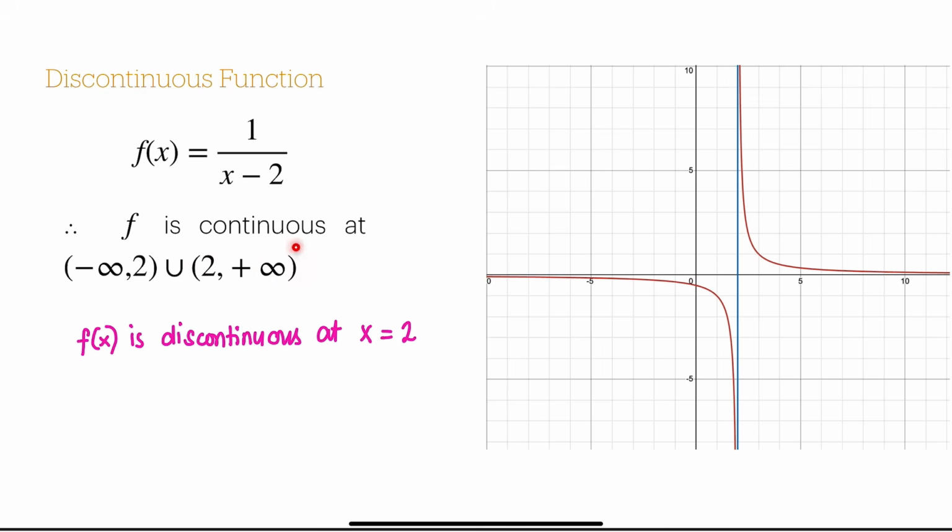Now, how do we know how to express it in interval notation? If you find it difficult, then you can draw the number line. If this is 2 right here, it should be a hollow circle because 2 is not included, because this is a break right here, because the function is discontinuous at this point.